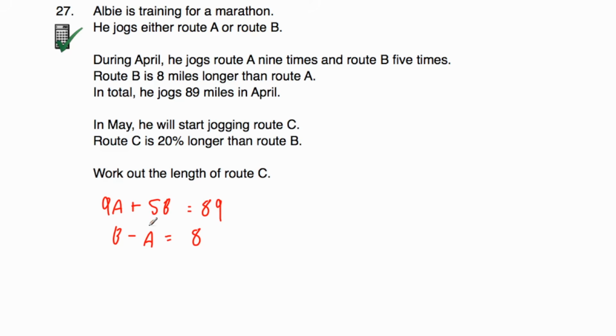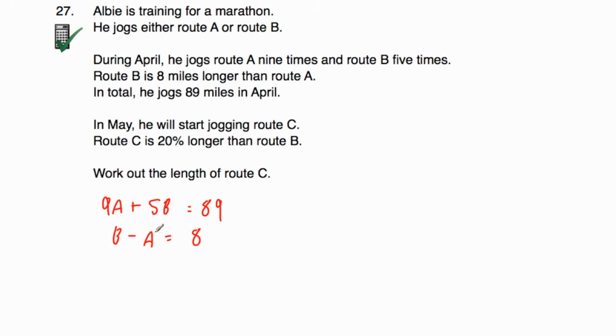Now these look slightly different than the simultaneous equations we've been looking at so far, because normally we've had so many x's plus so many y's, and so many x's subtract so many y's. But here we've got our a and our b, and then our b and then our a. Now let's rearrange these slightly. We could rearrange the second one and write, instead of b subtract a, negative a plus b, because we've got minus a, so that goes at the front.